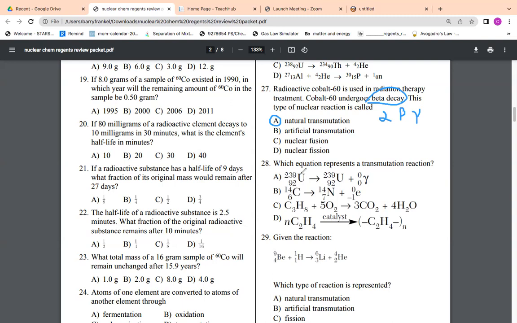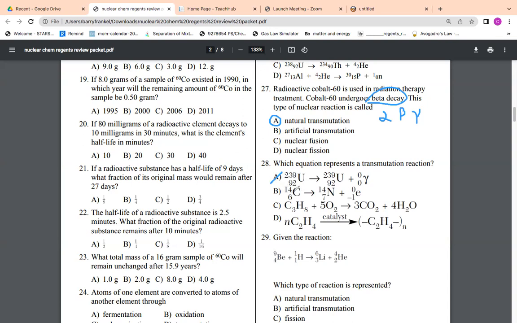Nothing actually happens to the atomic number. Okay, it is a nuclear reaction because we have gamma radiation over here, but it's not a transmutation because we're not actually changing the element. So it's definitely not A.